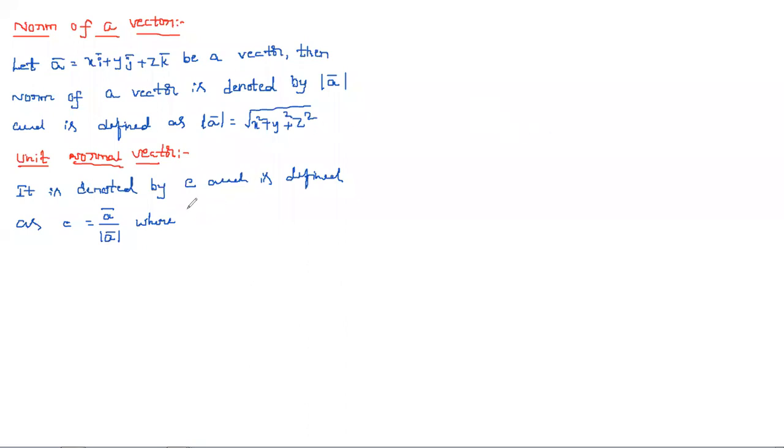So unit normal vector is denoted by E generally, or in some cases E cap, and it's defined as E is equal to a bar by modulus a bar, where a bar is nothing but a vector. That may be xi plus yj plus zk, or 2x plus 2y plus 3z, whatever it is. So it is a vector function.